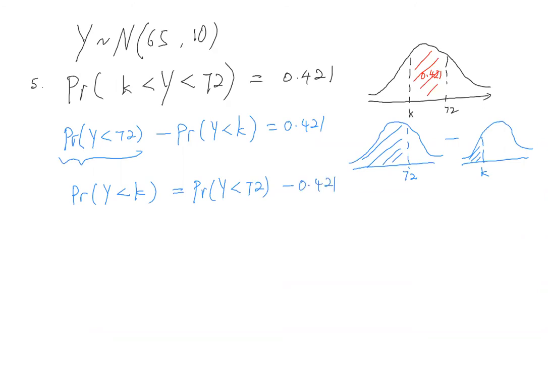Okay, please take out your calculator and calculate. Normal CDF, lower 72, upper 10 to the power of 99, mean 65, standard deviation 10, paste.